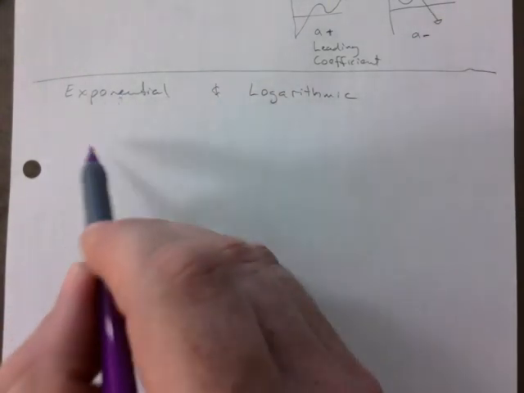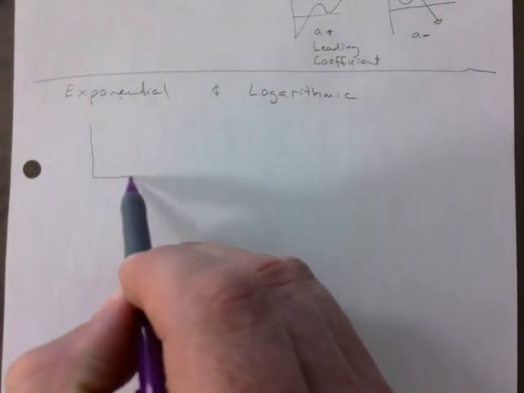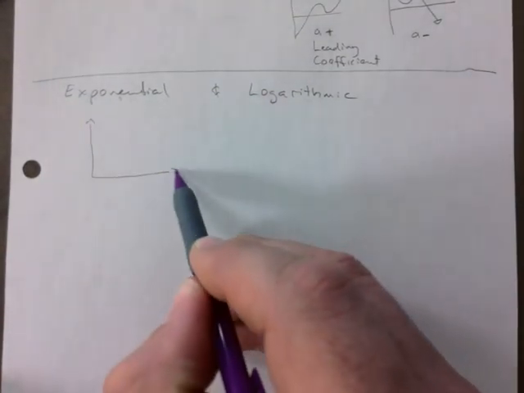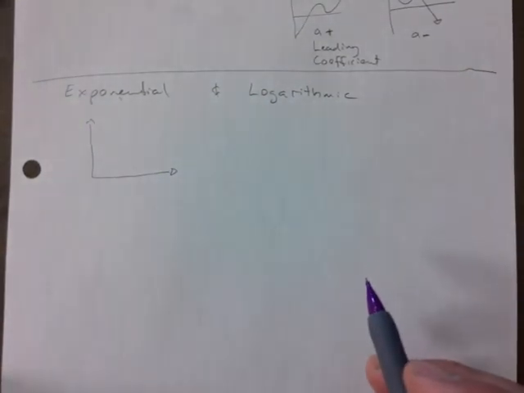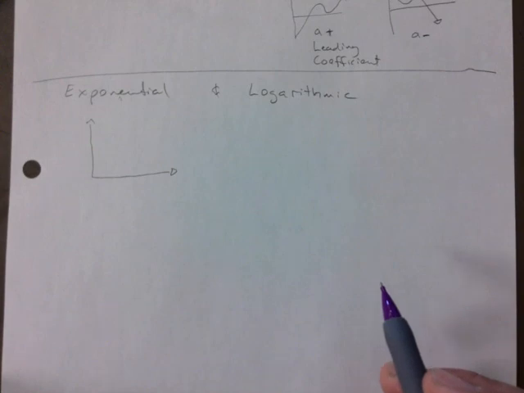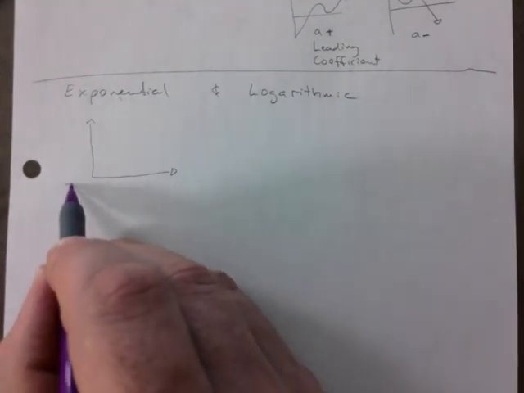So for exponential, what do we know about exponential functions? They never touch which axis? Do you have that on your study sheet? It never touches the x-axis.